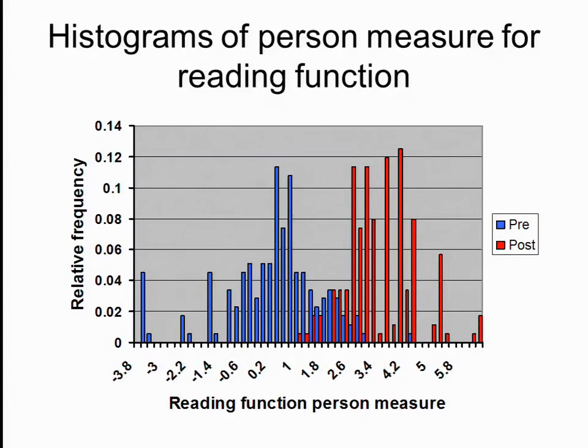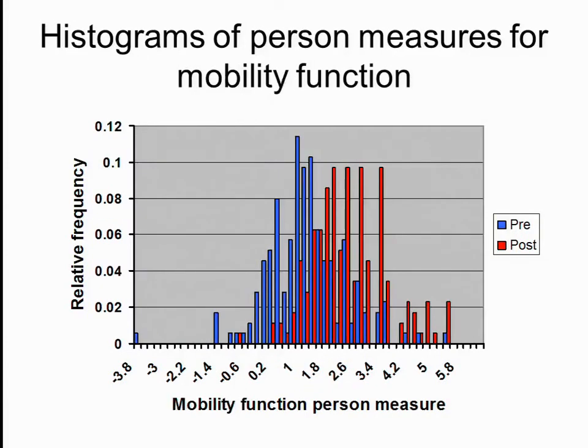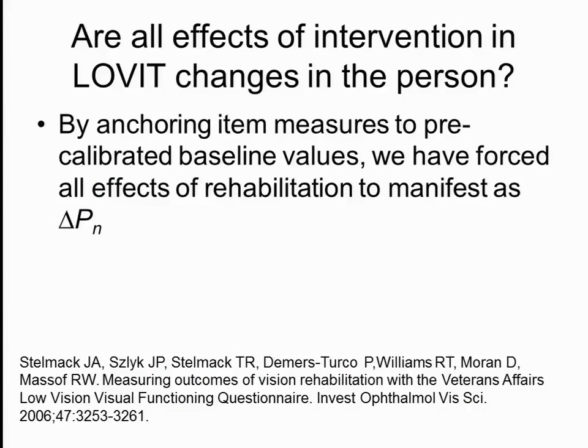That was for reading; this is for mobility. The treatment effect was a little smaller for mobility. But because we've anchored the items, we've forced all effects of rehabilitation to manifest as a change in the person measure.